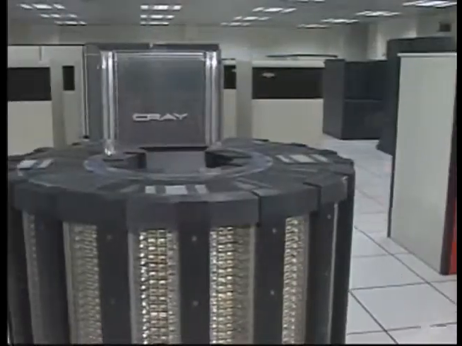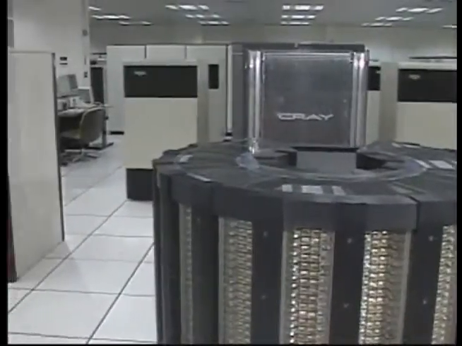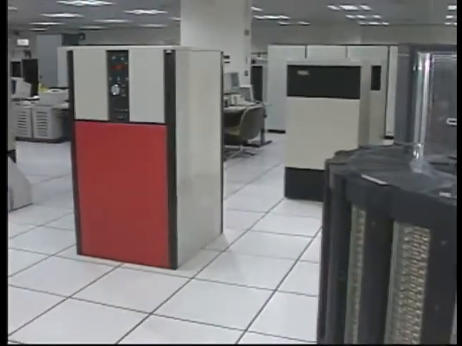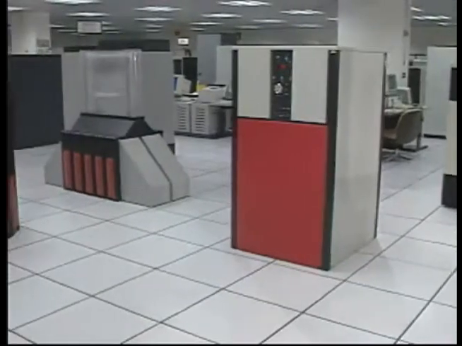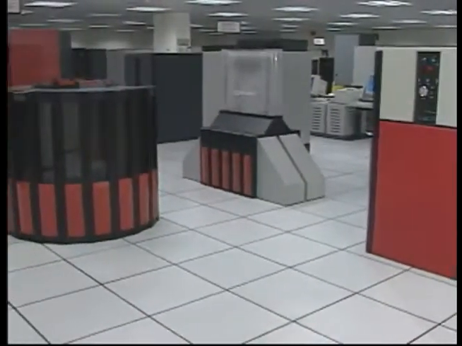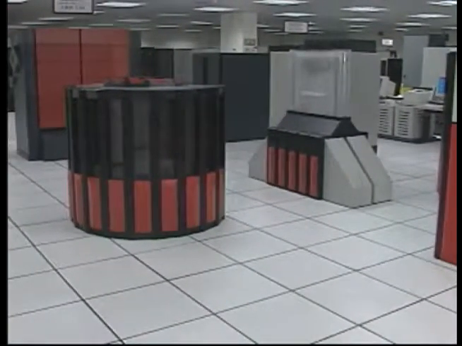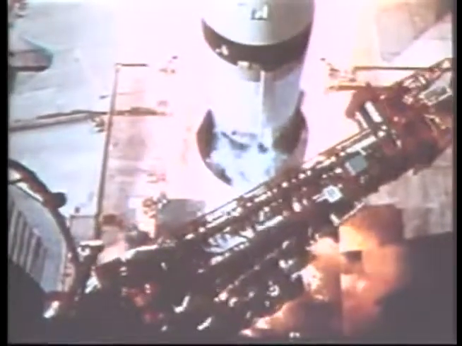In the 1970s and early 80s, computers were large mainframe machines housed in large computer rooms. Their primary use was for research in the fields of science and engineering. They helped build the atom bomb and put men in space.